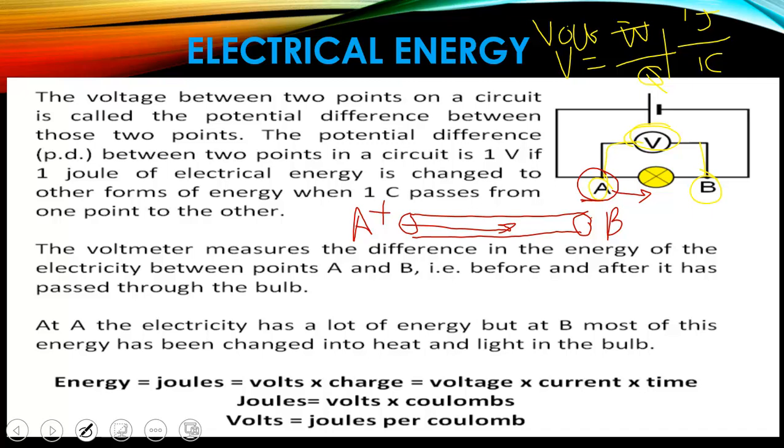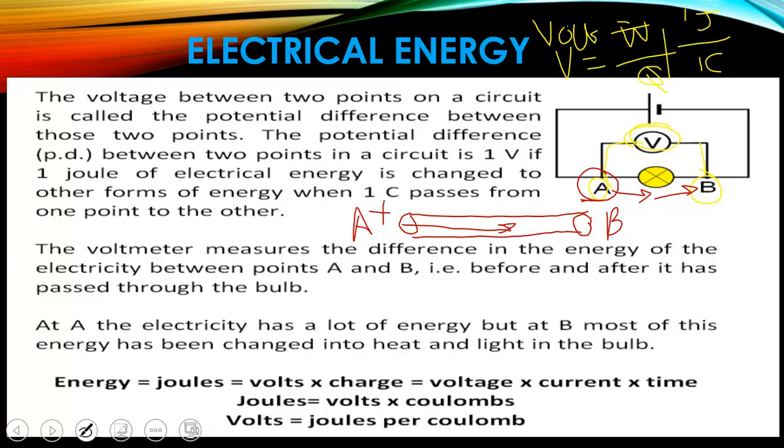It converts into light energy and heat energy. Then the remaining electric energy from the source will pass to point B. So the energy at point A is greater than the energy at point B.